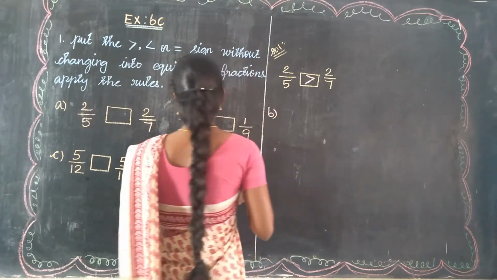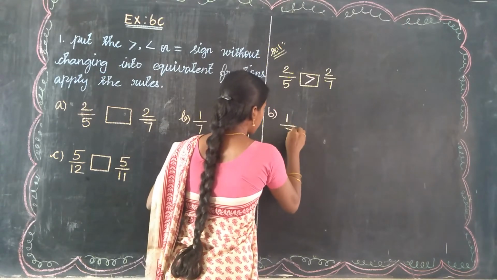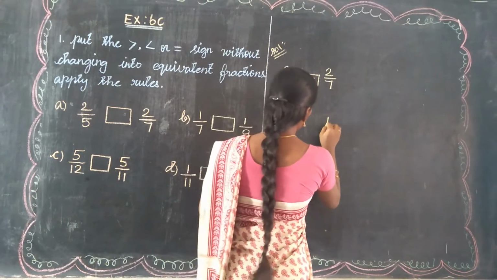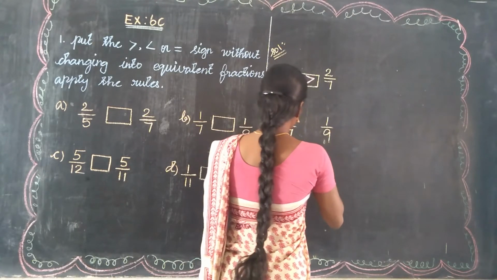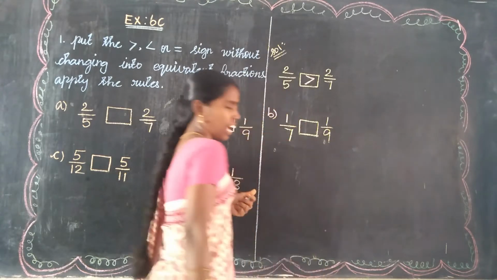Then problem B: first fraction 1 by 7 and second fraction 1 by 9. The numerator values are equal.